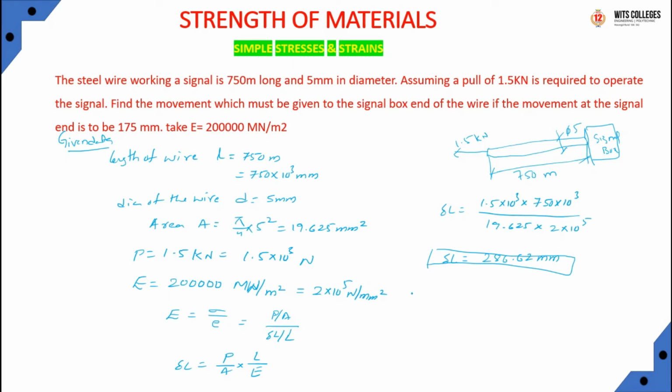The movement of the signal box is delta L plus the movement at one end, which is given as 175. So 286.62 plus 175 gives 461.62 mm.